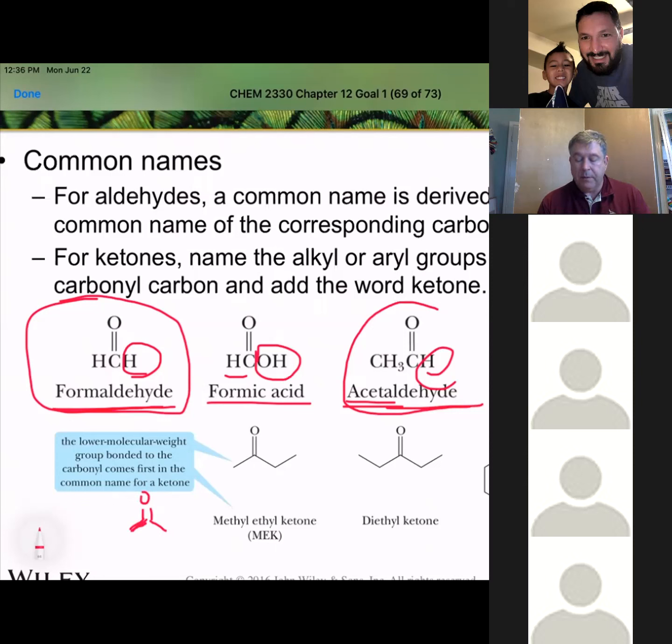For example, if it's symmetrical, we can say diethyl ketone, but if it's not symmetrical, it's methyl ethyl ketone. Again, it was named by engineers, so they didn't alphabetize it, but it makes a nice little acronym, MEK. And if you have symmetrical ketones, it would just be whatever the two alkyl groups are as a di. In this case, dicyclohexyl ketone.